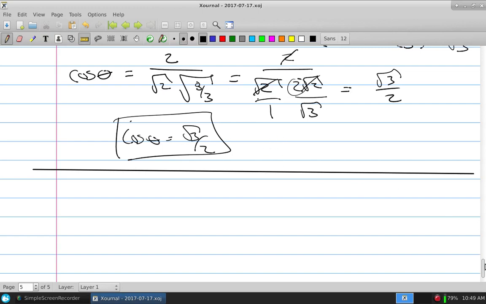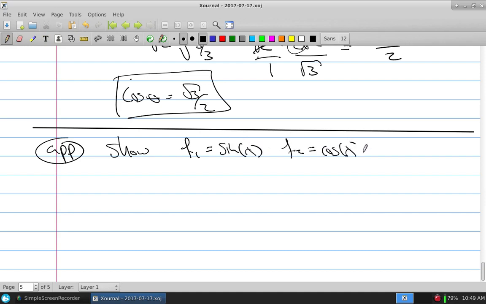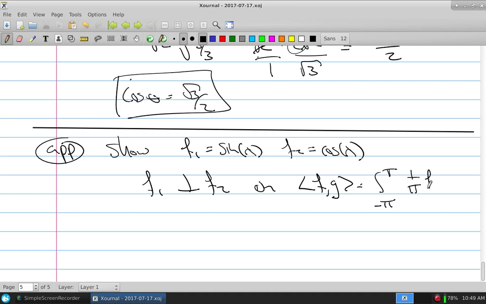And one of the things that we'll be interested in doing is showing things like, applications of such a thing would be if you could show, for example, say f1 is equal to sine of x and f2 is equal to cosine of x, show that f1 is orthogonal to f2 on inner product space of a weighted norm from minus pi to pi of 1 over pi f of x, g of x, dx on continuous functions minus pi to pi.